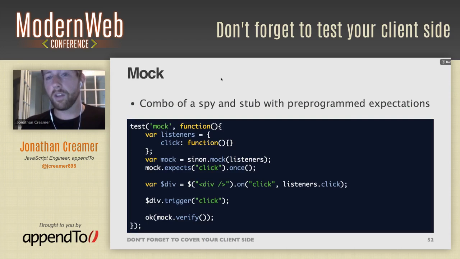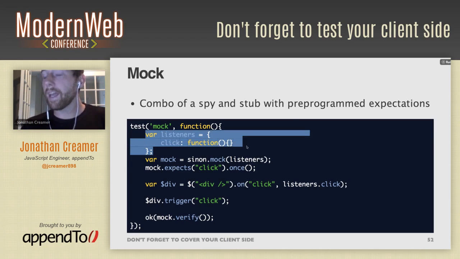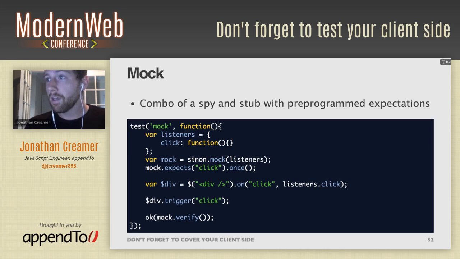So the third API that you get with Sinon is called a mock, and this is where you get mocking, right? This whole thing is mocking, but there is a mock object as well. So with a mock, what you can do is mock over any object, any function in your JavaScript code, and here I'm just mocking over this listeners object literal that has a click property on it.